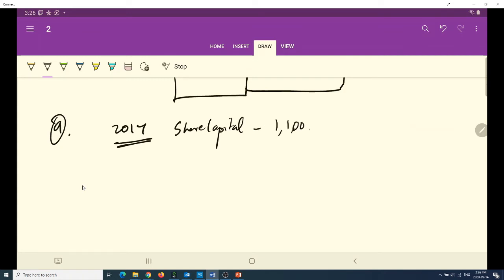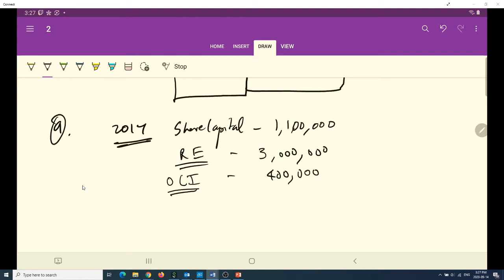Retained earnings 3 million. Accumulated other comprehensive income, 400,000, and total equity is 4.5 million.